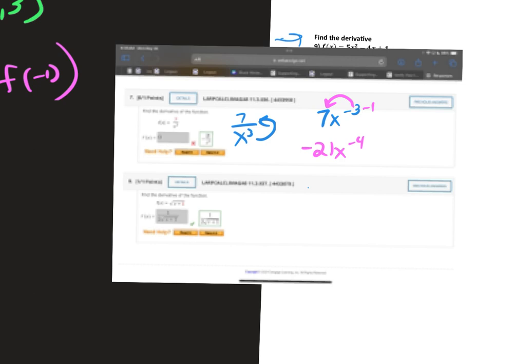And then you can't leave your exponents negative. So the x to the negative 4 goes back down to the bottom. So it'd be negative 21 over x to the fourth, because when you brought it to the top, it was negative 3. Negative 3 minus 1 would be negative 4. Does that make sense? Okay.